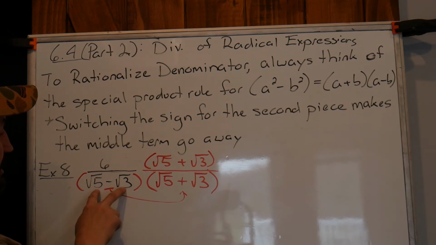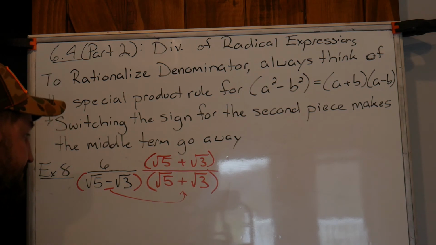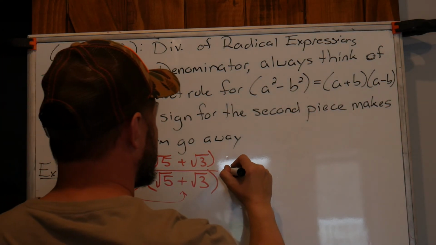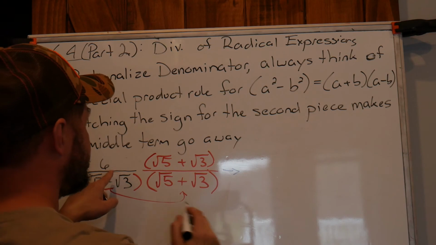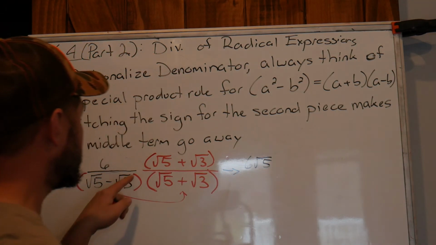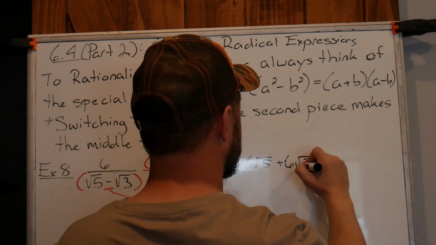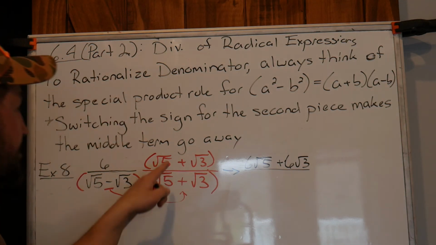So all you do is move this over, change the sign, and then write the same thing up on top. So what this becomes is, up top we have 6 times the square root of 5 plus 6 times the square root of 3.